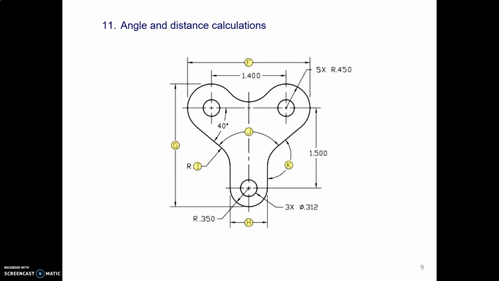Now, this connecting bracket is perhaps more subtle than it looks, trickier than it looks. And I'm thinking about the angles. Let's look at angle J and K, for example. Now, it will help to break this thing down into triangles.